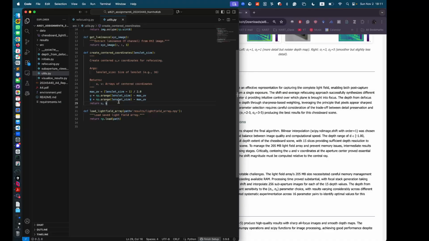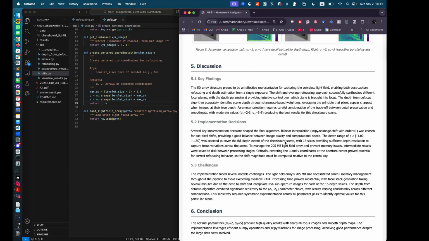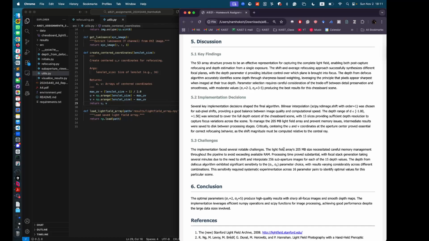Memory management was a bit of a challenge with the 205 megabyte light field array, so we saved the intermediate results to disk between the processing stages to avoid memory issues. And the depth from defocus algorithm showed significant parameter sensitivity. So the systematic experimentation that I showed across the 16 parameter combinations was necessary to find the optimal values.